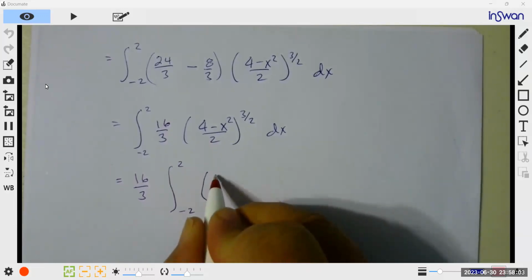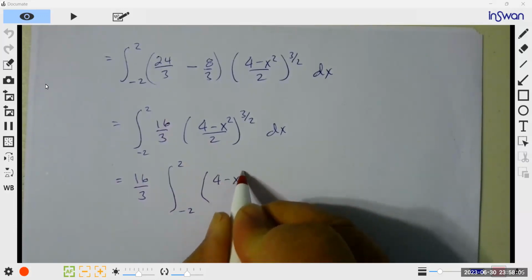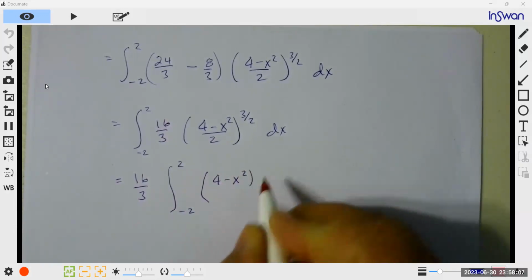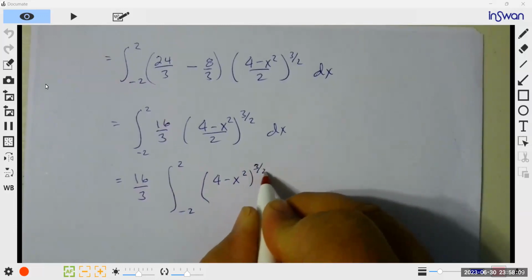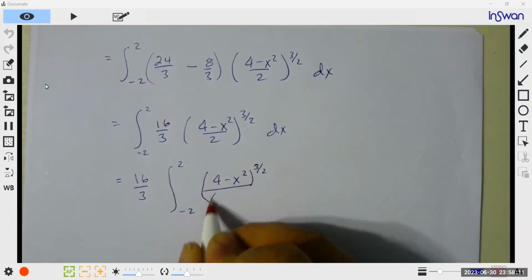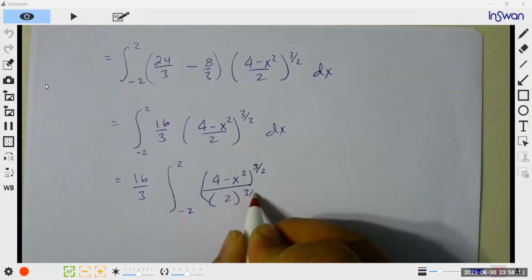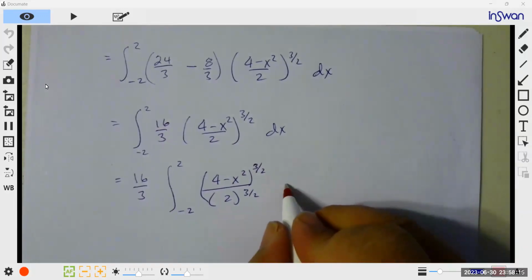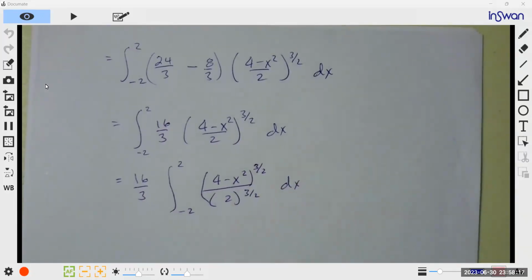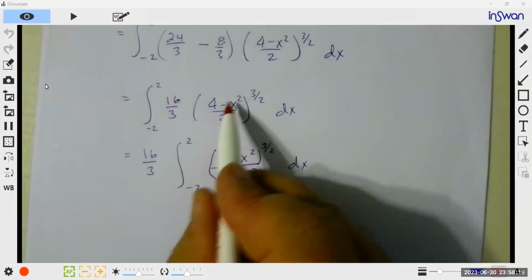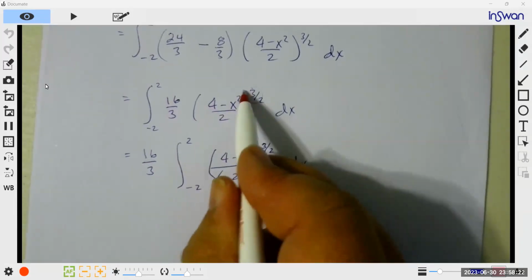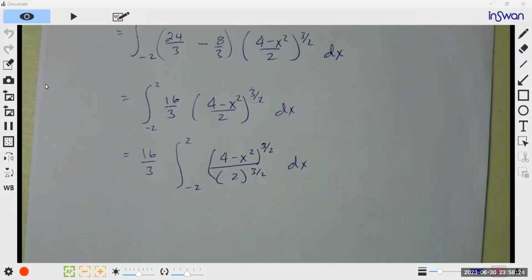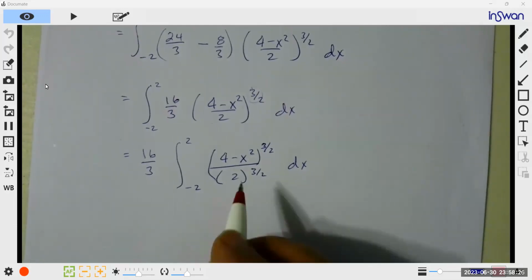Now, I got to worry about what's inside the radical. I mean, the integral. So I can split these up. I can distribute this top and bottom because this is also going to be a constant.